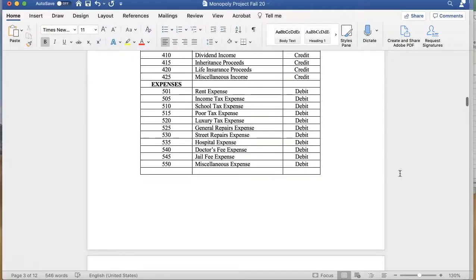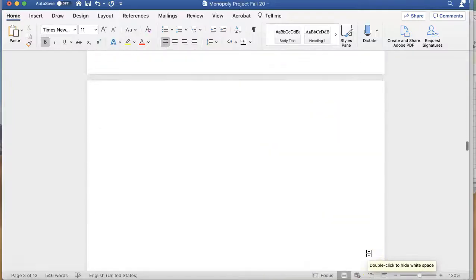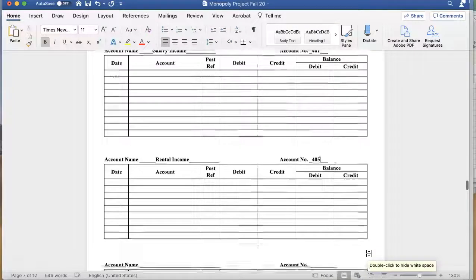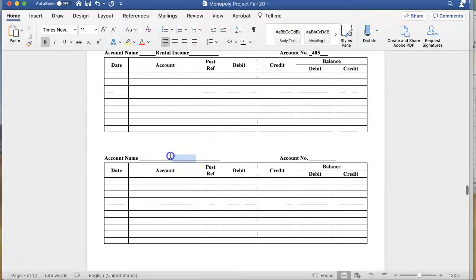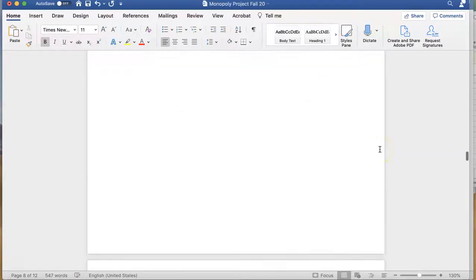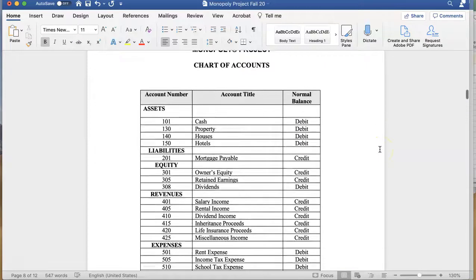We do have some dividend income, and that's account number 410. And then let's see.